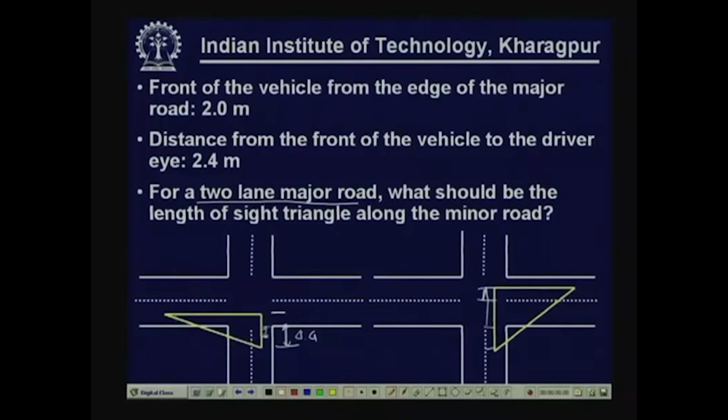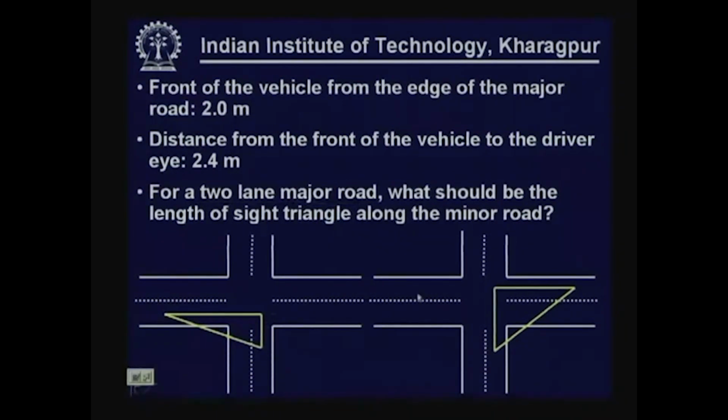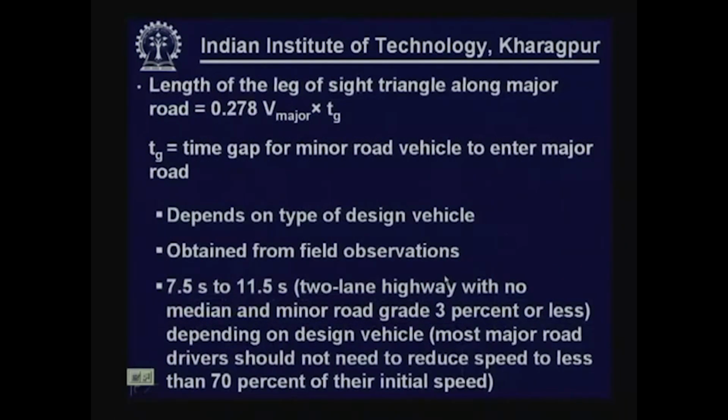Now, let us see how we calculate the other dimension, along the major road. Along the major road, the distance is calculated in this fashion: 0.278 V major into TG. Now, V major is the design speed for the major road and TG is the time gap for a minor road vehicle to enter the major road.